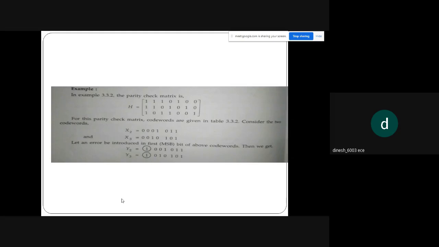So write the parity check matrix as H is equal to 1 1 1 0 1 0 0, 1 1 0 1 0 1 0, 1 0 1 1 0 0 1. For this parity check matrix, the question gives two code vectors, x2 and x3.